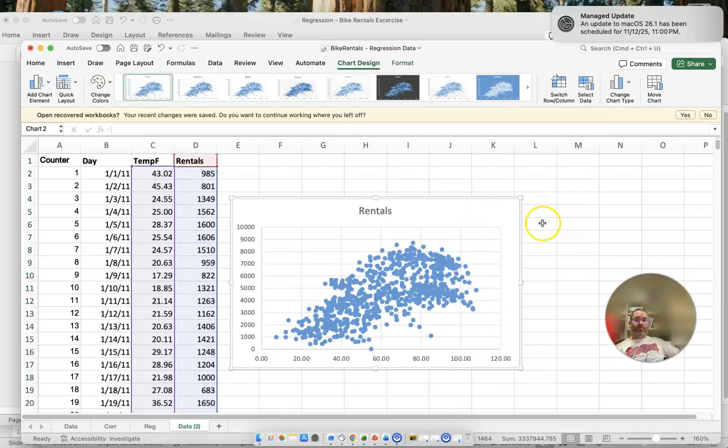Okay, so here is, on the x-axis we've got temperature. On the y-axis we've got rentals. Okay, y, dependent variable, rentals, x, independent variable. We could be using temperature to predict rentals. And when we do that, okay, we see a couple of things here.